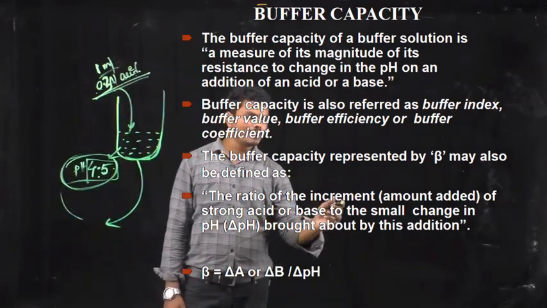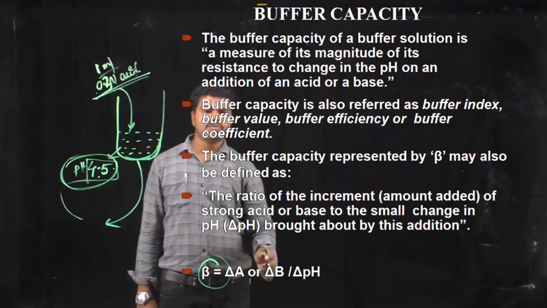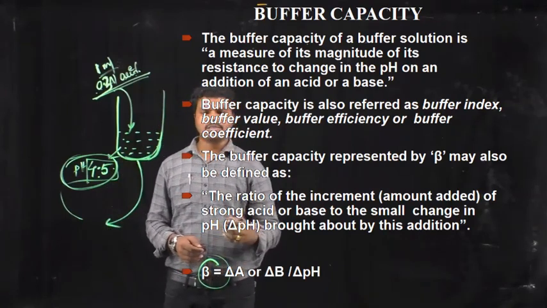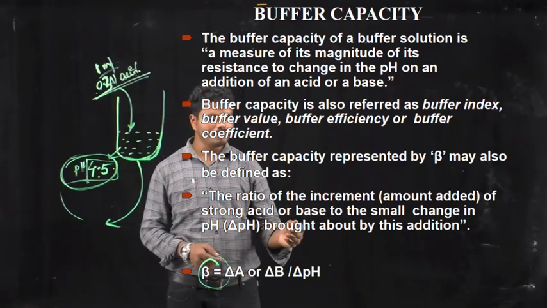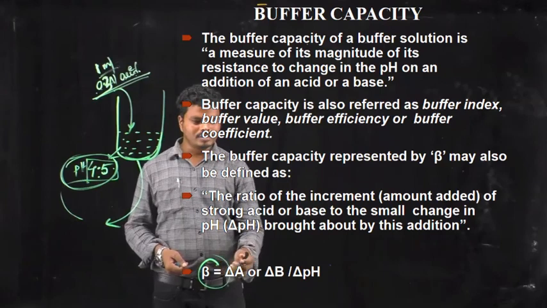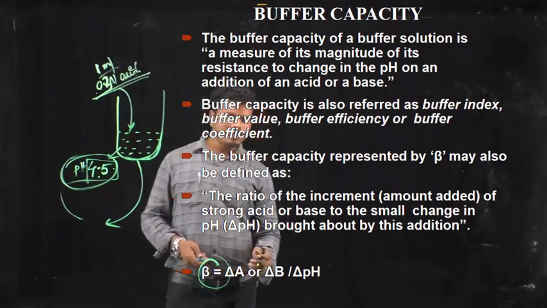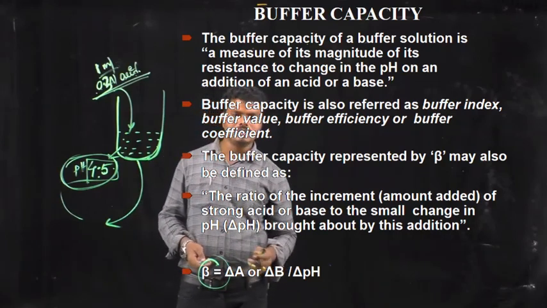This buffer capacity is represented as beta, and it is equal to the ratio of the increment of strong acid or base to the small change in pH brought about by the addition. That means it is the ratio of acid or base that brings about the change in pH when added to the solution.